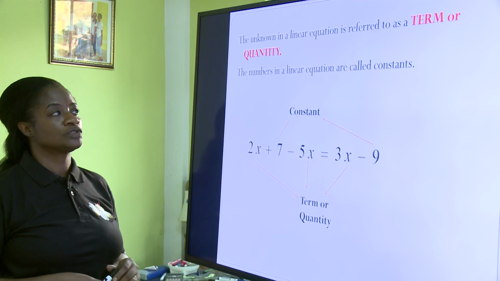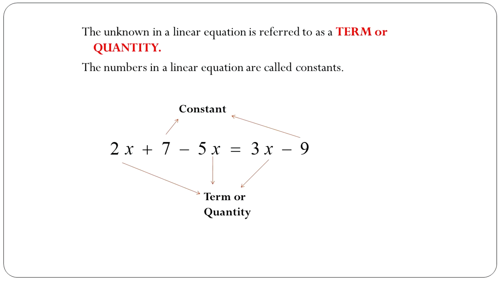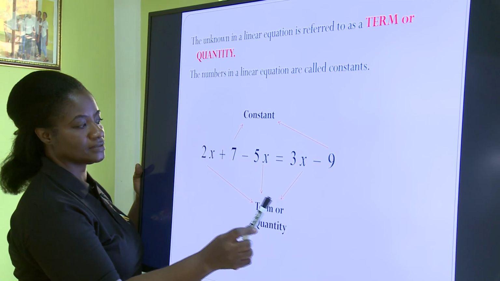One of the things that you should know is that the unknown in a linear equation is referred to as a term or a quantity. The numbers in a linear equation are called constants. Now here's an example of a linear equation and the parts identified.